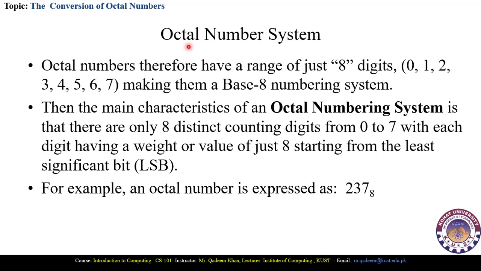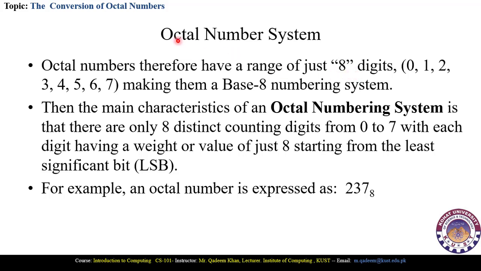First, what is the octal number system? As its name indicates, the octal number system has the base oct. That means oct means 8. So the octal number system has a range of 8 digits.